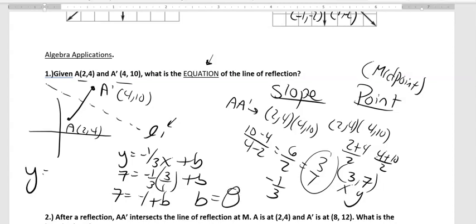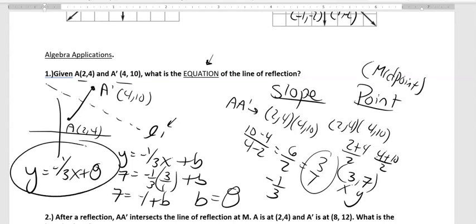And now we have our equation. Y equals negative 1/3 x plus 8. The negative 1/3 is from the opposite reciprocal. It is perpendicular. We got the 8 by knowing the midpoint is on the line, and we were able to substitute it in. Does anybody have any questions on that?